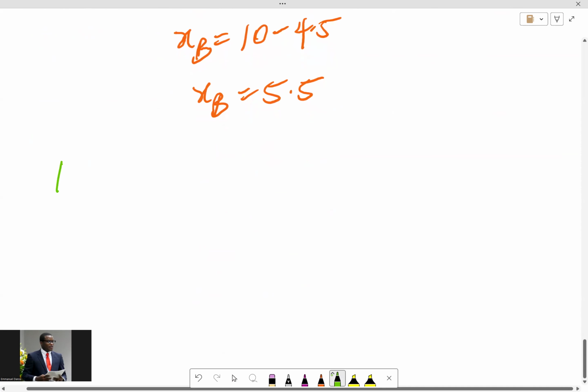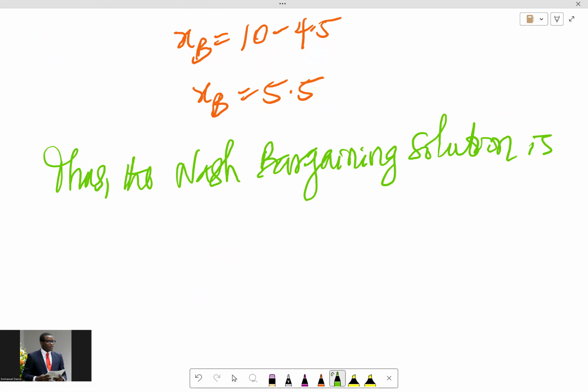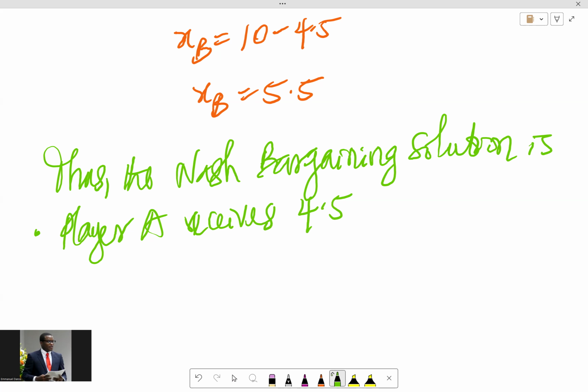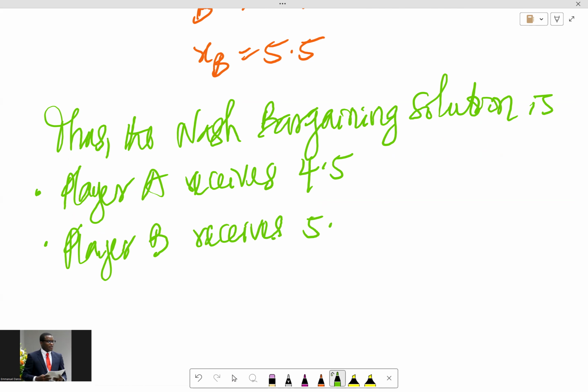So we can say, thus, the Nash bargaining solution is that player A receives 4.5 and player B receives 5.5.